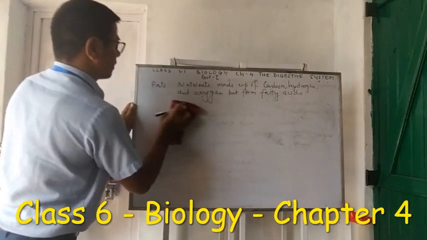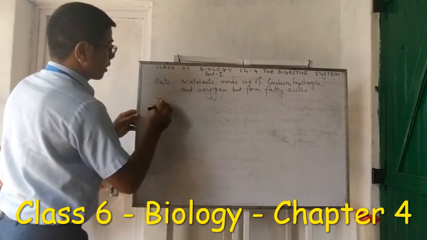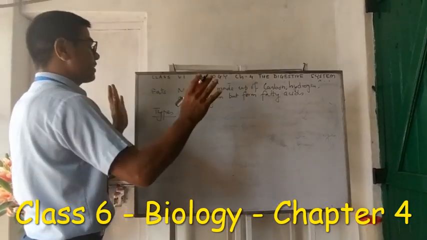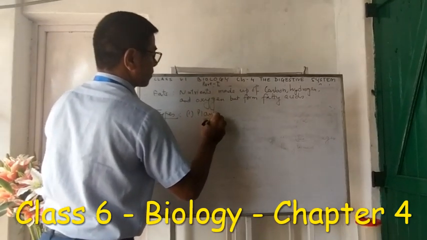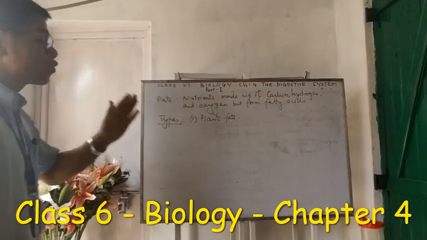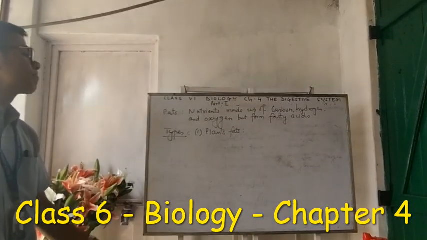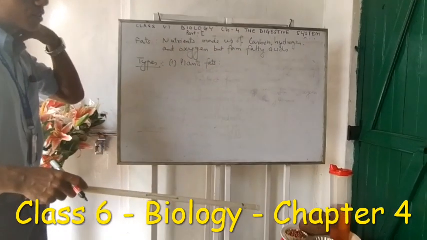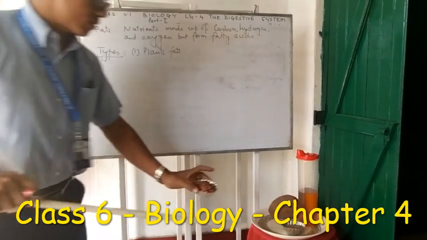So let us study the types of fats. Number 1, fats we get from plants. So we write plant fats. Plant fats means those fats we get from plants. I have displayed some for you. If you go to your mother's kitchen in your home, you will have these.